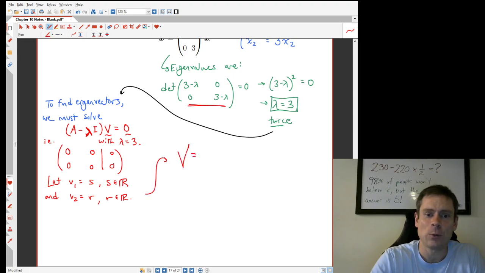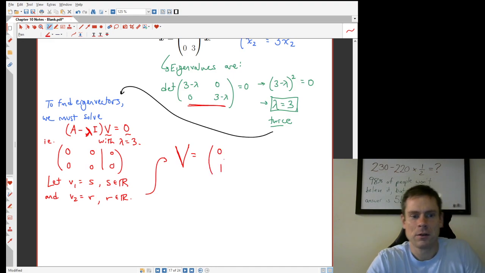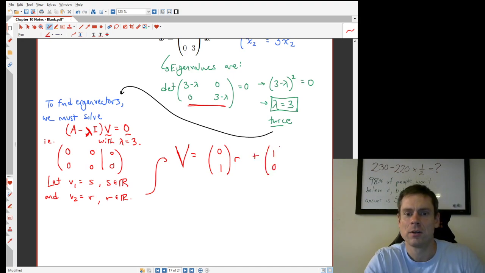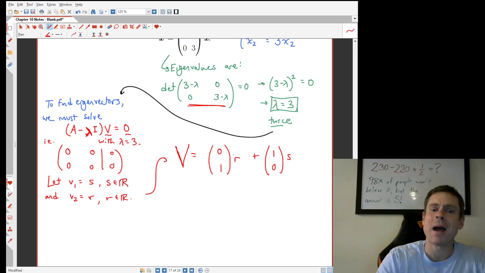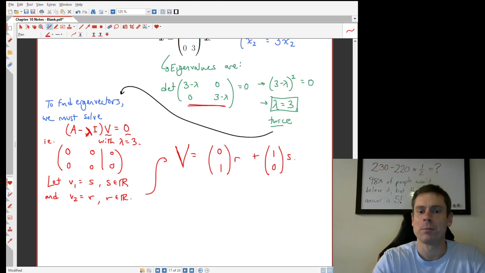Okay, any combination of those is going to form a solution vector. So v is equal to, check this out, I'm going to write this as (0, 1) r plus (1, 0) s. Right? Any amount of one component plus any amount of the other component.